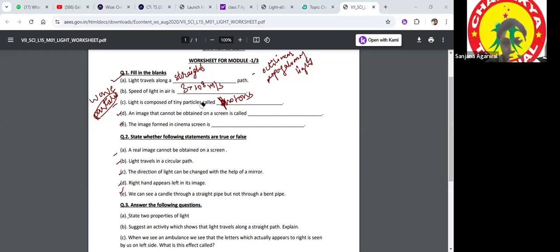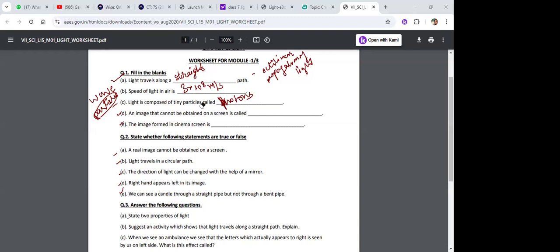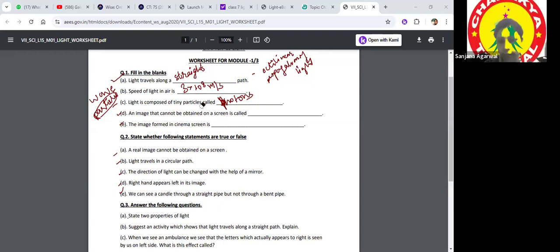Is there any screen you have placed? When we go in front of the mirror we see somebody, but where is the screen? Okay, that image is virtual.